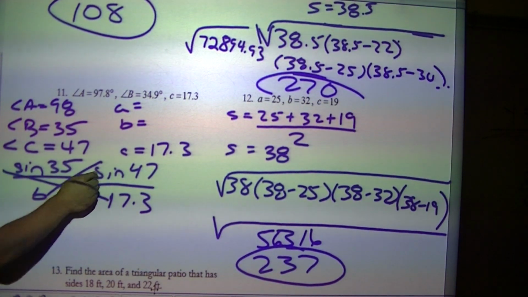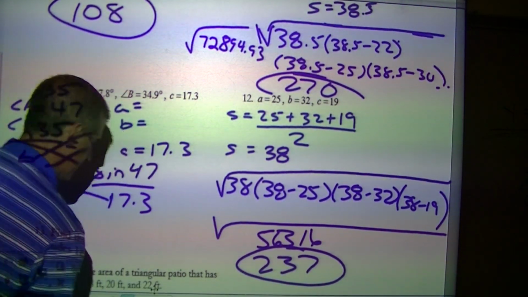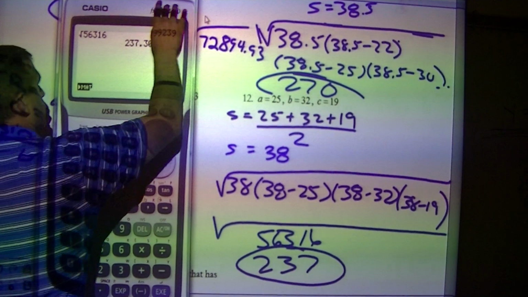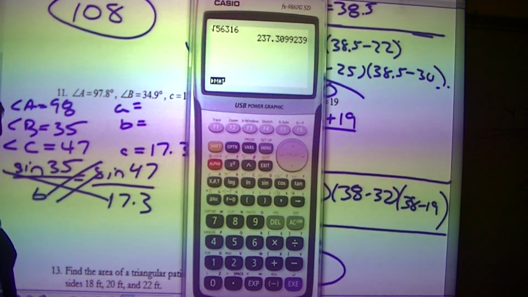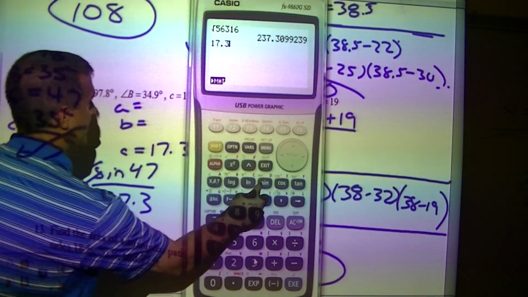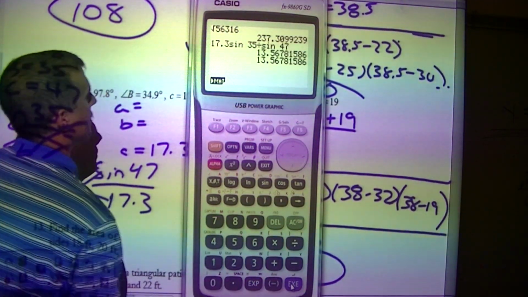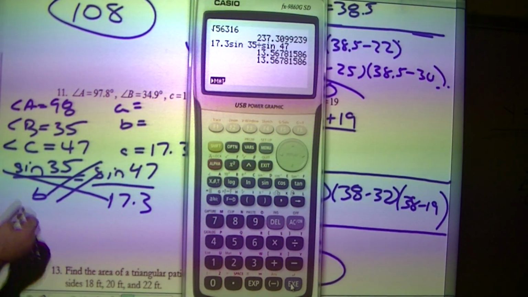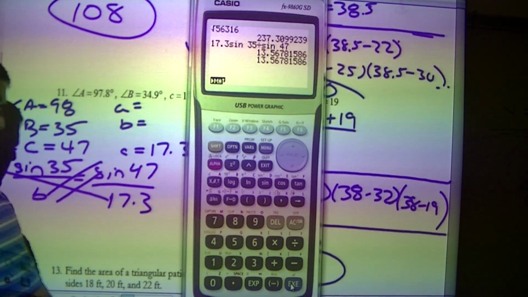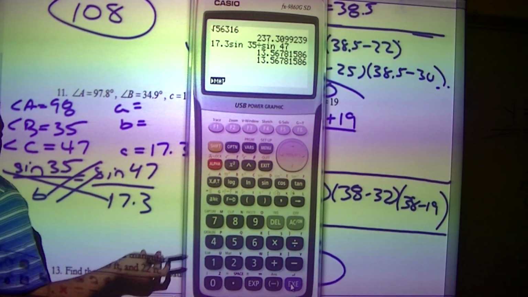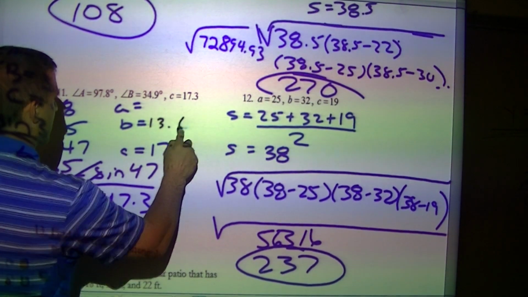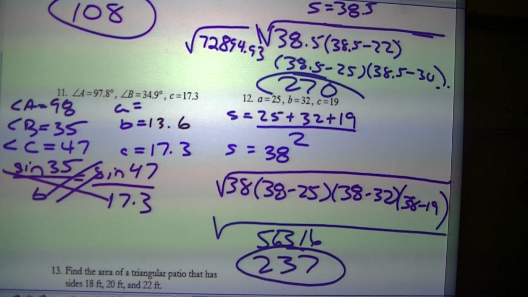That moves up, that moves over, that moves down. All right. So that's going to be 17.3 sine of 35 divided by the sine of 47. Okay. That's going to be 13.56. Since that one's a decimal, I'm just going to make this one 13.6. Okay, just to make it easy, as long as you're close in this.